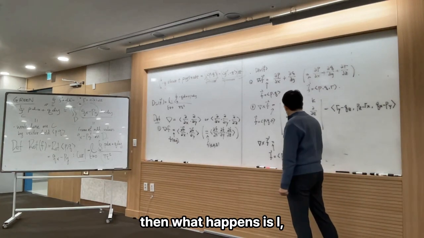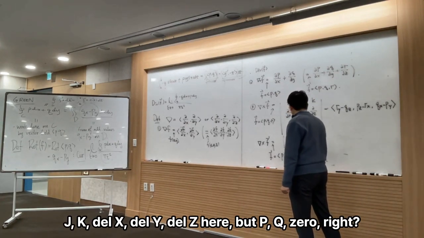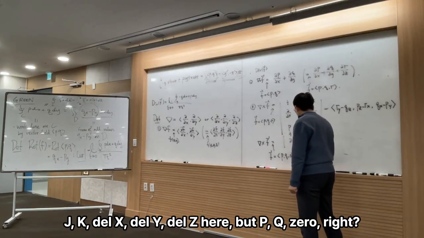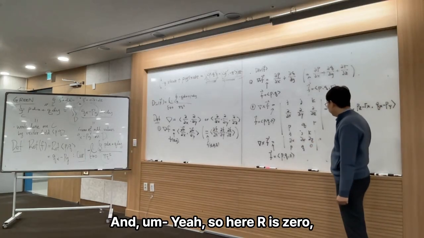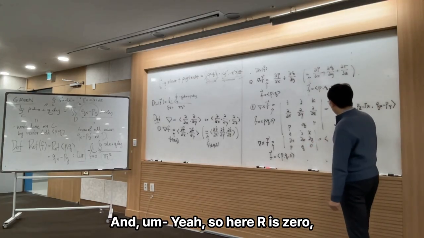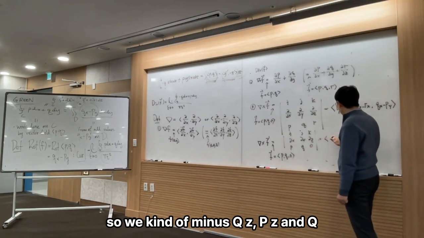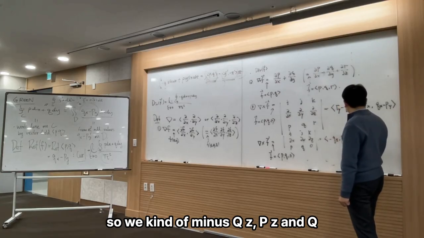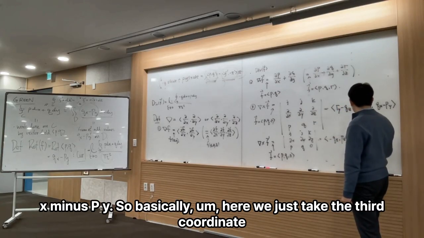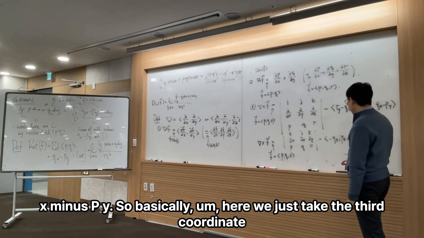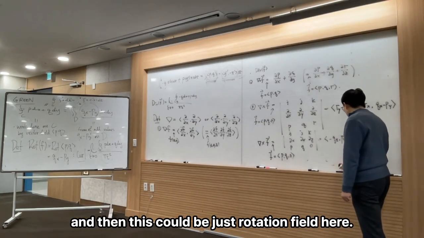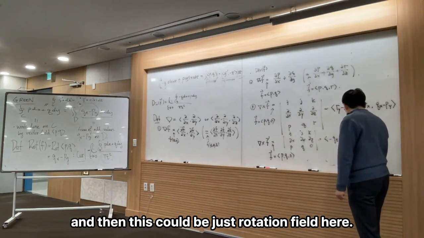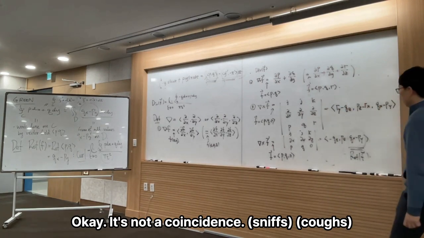Then I, J, K, ∂x, ∂y, ∂z here, but P, Q, 0, right? Here R is 0, so we get minus Q_z, P_z, and Q_x minus P_y. Basically, we just take the third coordinate, and this could be just a rotation field here. Okay. It's not a coincidence.